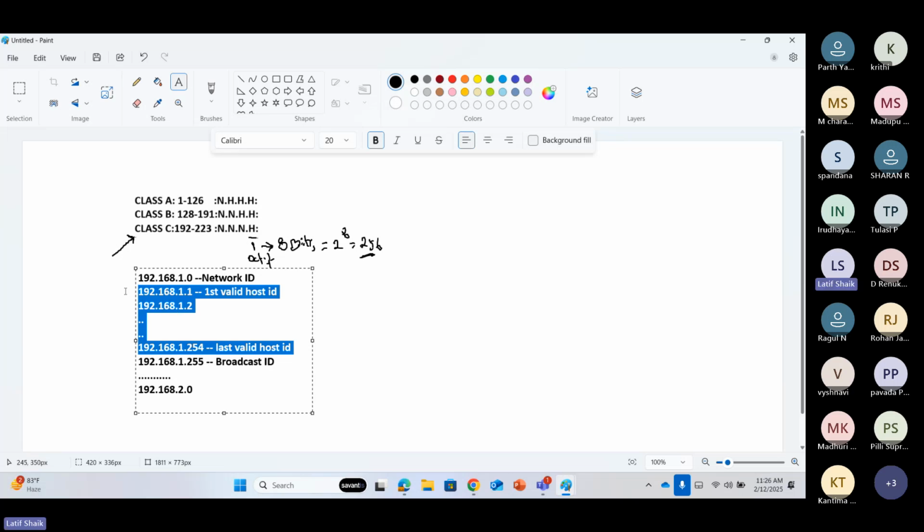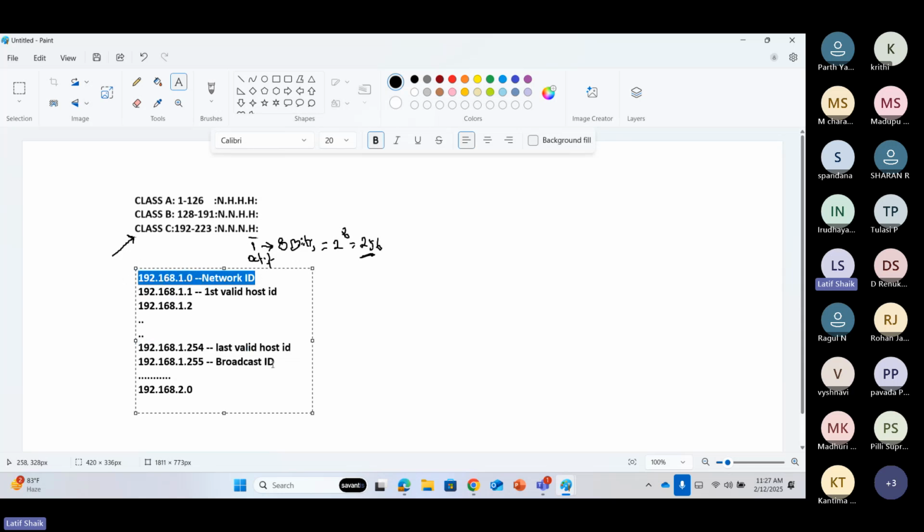From 1, 2, 3, 4, 5, 6, 7, 8, 9 up to 250, 251, 252, 253, 254. That is the last one. Then you get 255, you can't assign it. Then if you go to 2.0, it is a different network. So the very first one, we call it the starting one, is the network ID. The very last one is the broadcast ID.